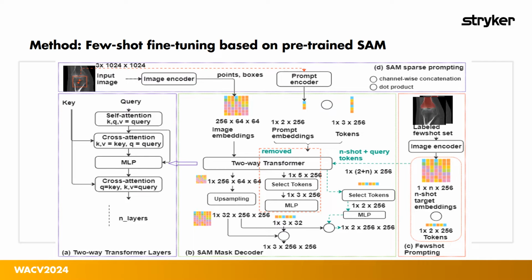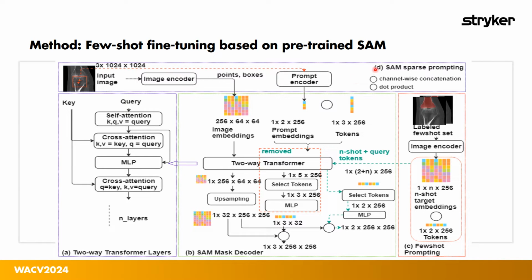So here we show you the method overview diagram. Basically, our method keeps SAM's image encoder intact. We don't change any of the image encoder, just use the pre-trained weights. We completely remove SAM's prompt encoder, so this part is gone in our approach.